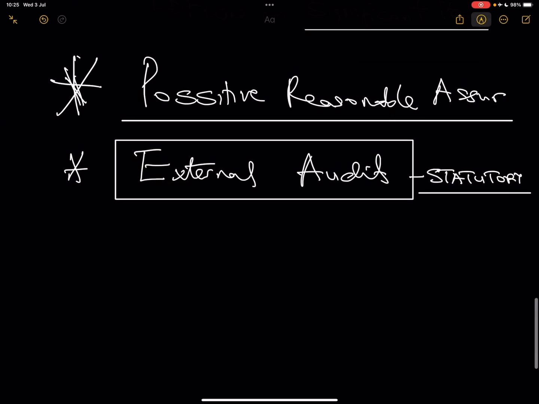When auditors have carried out this external audit on the client, the outcome is a report. It's called the audit report.